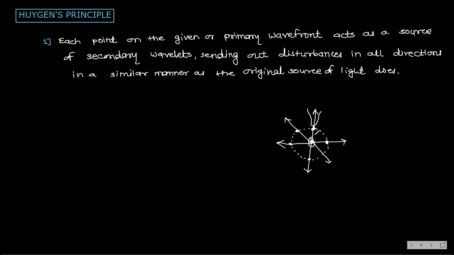In general language we can say that all the points on the wavefront will behave as a secondary source of light. Listen carefully: all the points on the locus will behave as a secondary source of light, and they will emit light in the same direction as the source is sending.